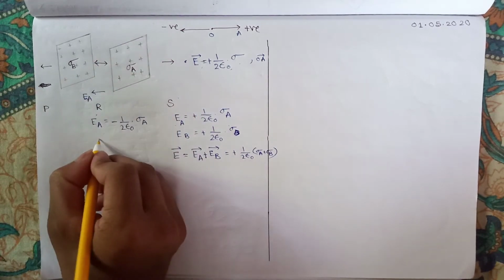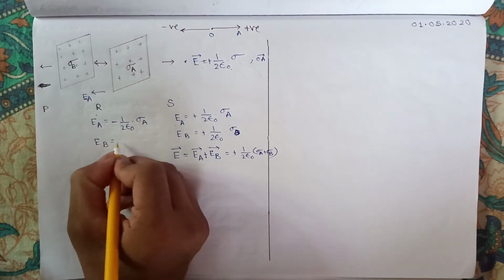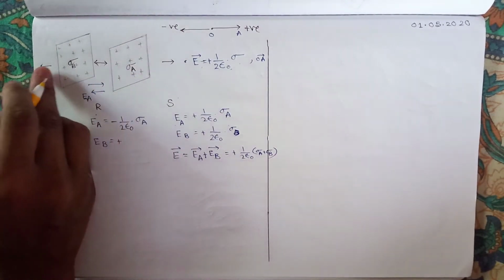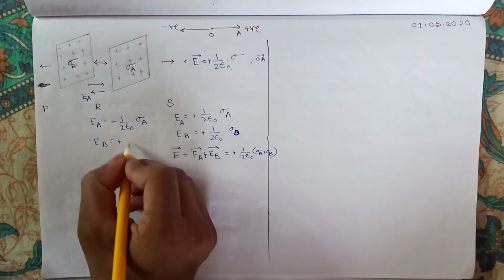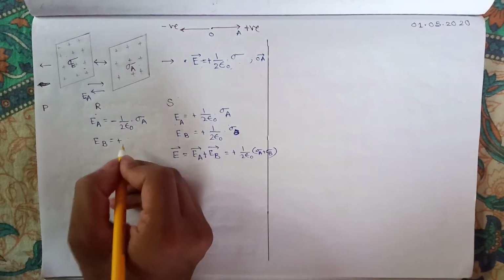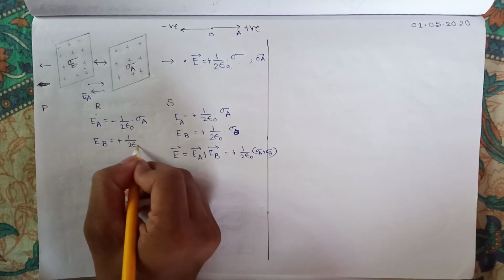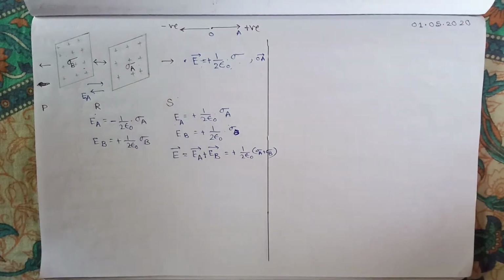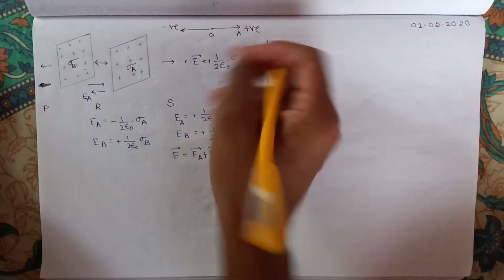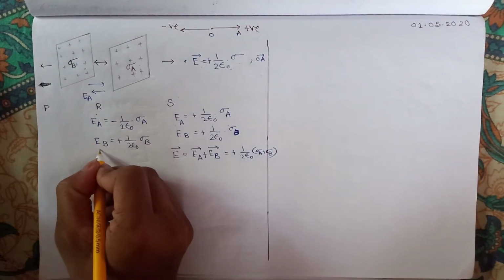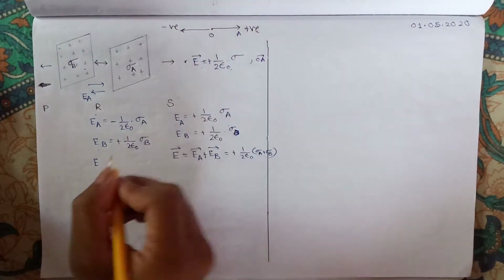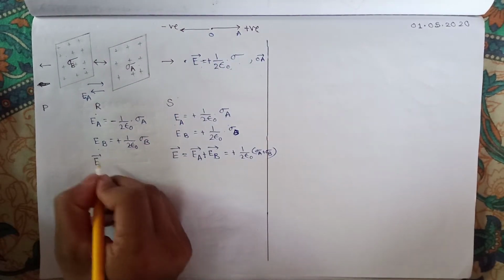For EB the electric field in the middle region will be on the right side, from this face, and for sigma A on the left side, from the opposite face. As we take the positive direction as our reference, the resultant field will be along the positive direction.